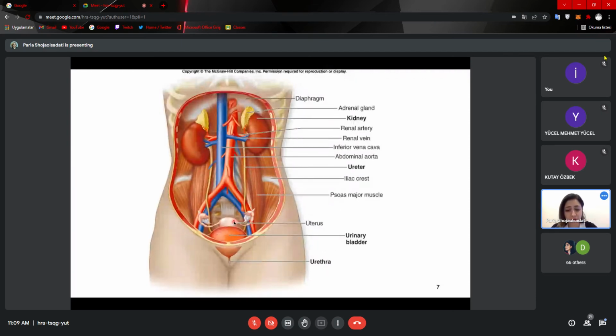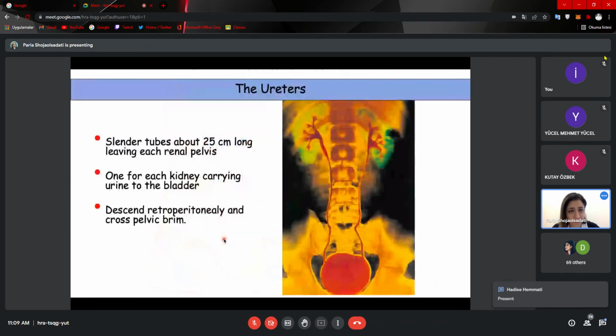These are the different organs of the digestive system, if you remember: small intestine, large intestine, pancreas, and other organs, for example the stomach and liver located there. You can see the same organs: left ureter, right ureter, and urinary bladder.